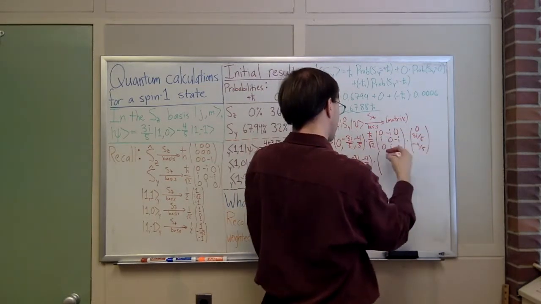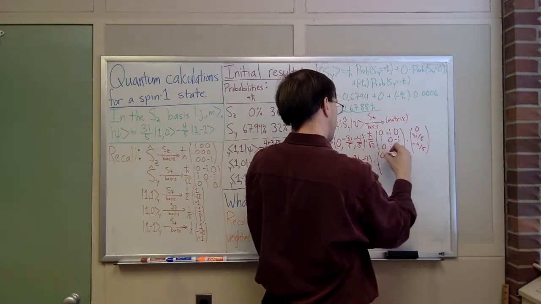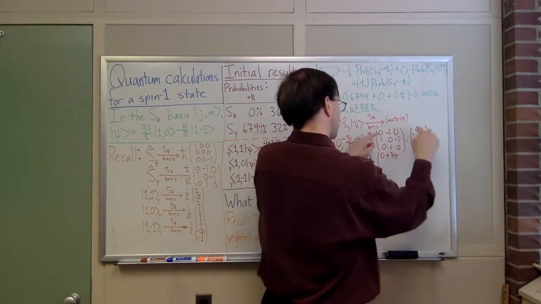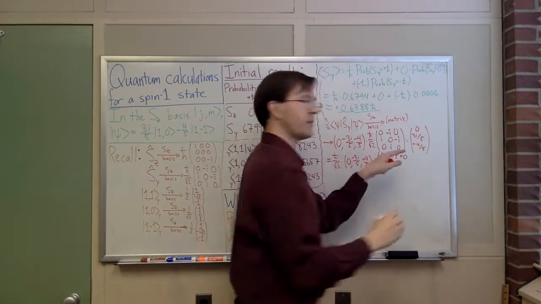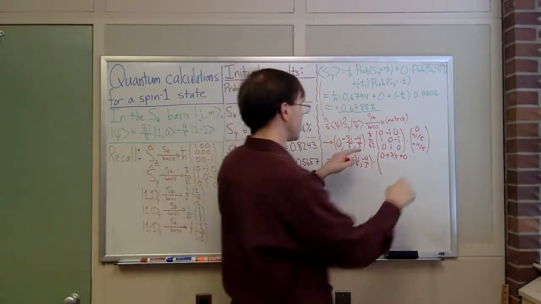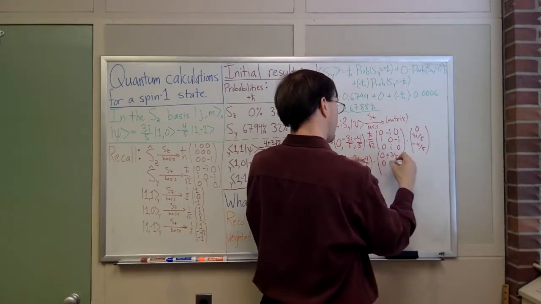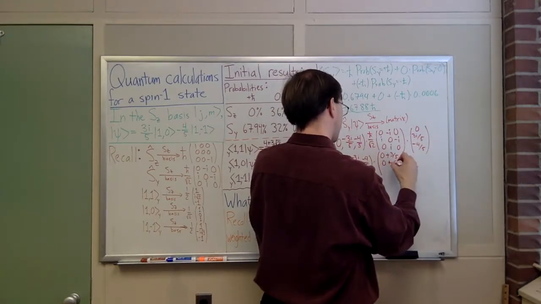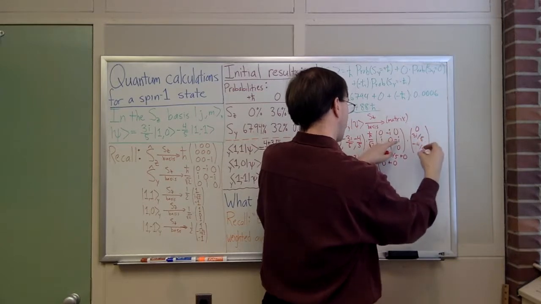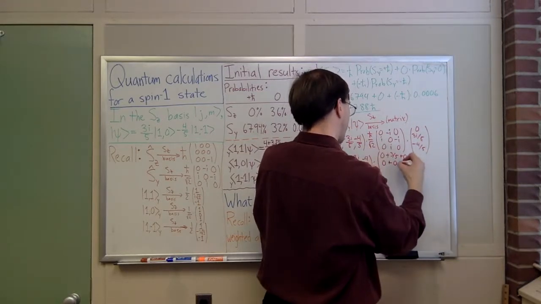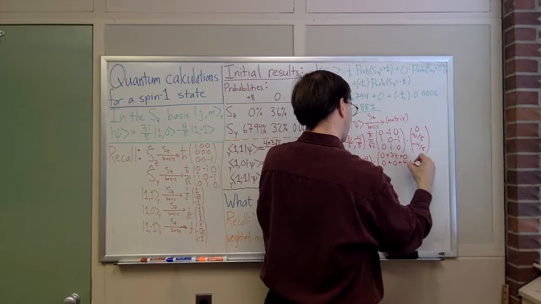So that's 3/5, 0 plus 3/5 plus 0 is my first row. My second row is going to be 0 times i plus 0 times 3/5, minus i times minus 4/5 is plus 4i over 5.